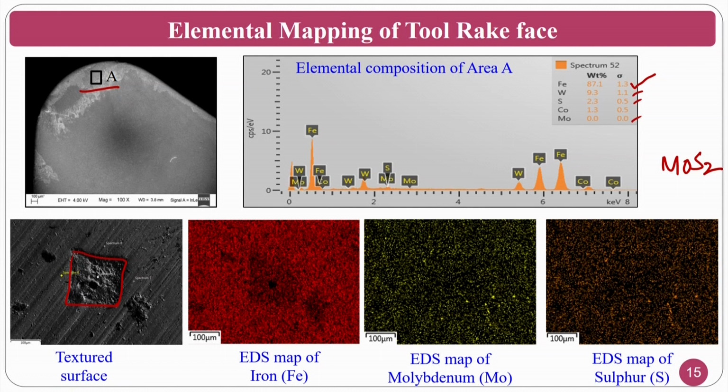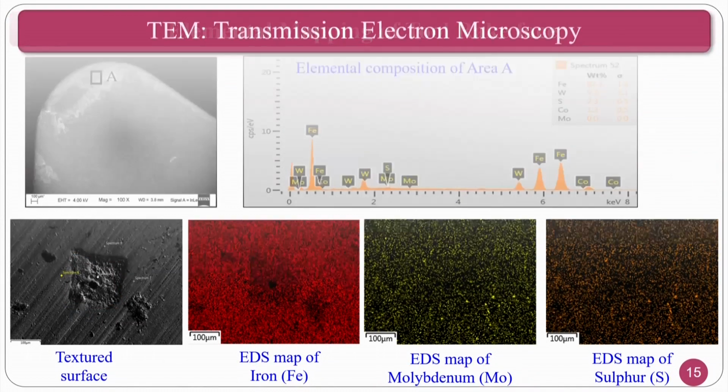You can clearly see the elemental mapping: iron is always there on the surface, and at the same time molybdenum and sulfur are there. The red spots belong to iron, the yellow spots are molybdenum, and the orange ones are sulfur. This is how you can detect the elements. This is about scanning electron microscopy.